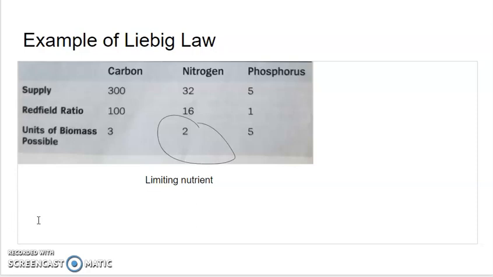Farmers use Liebig's law to increase the amount of food grown per hectare, and farmers test their soil for the abundance of nutrients and compare them to what the crops require. So these numbers are very important in environmental science, and you may see a question in one of your quizzes.